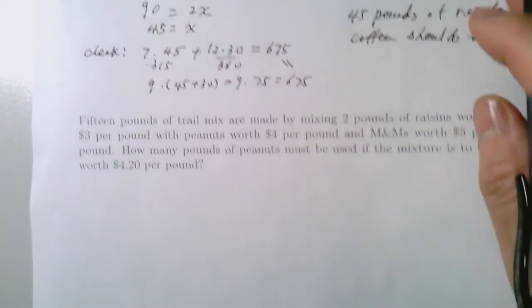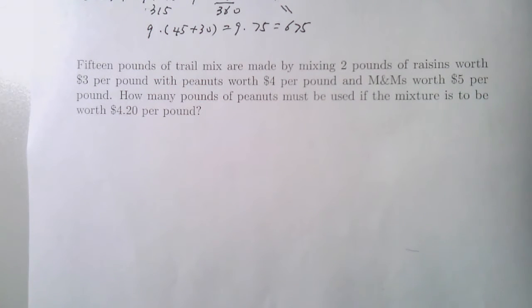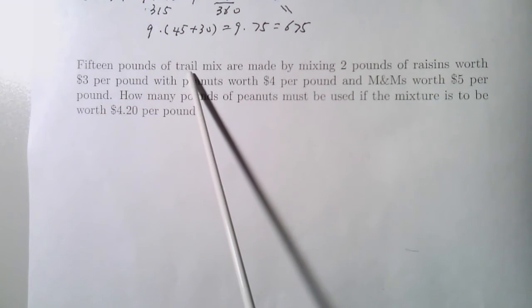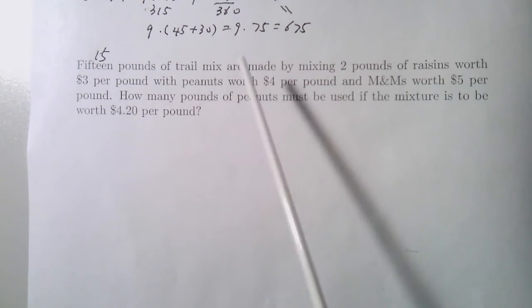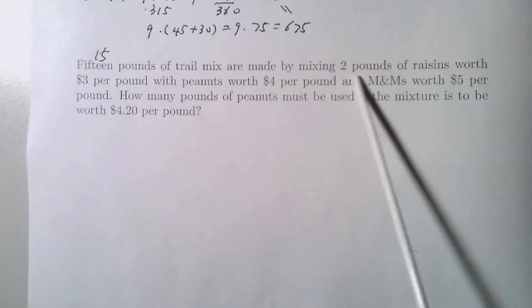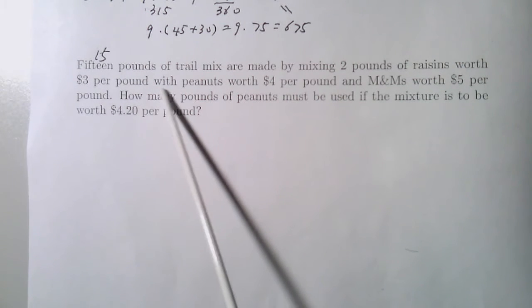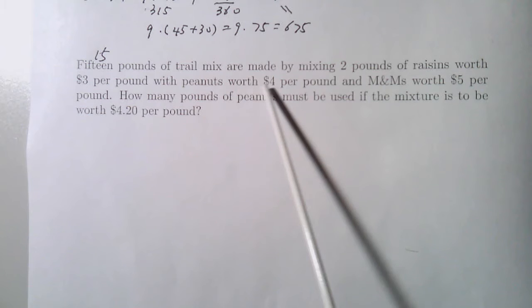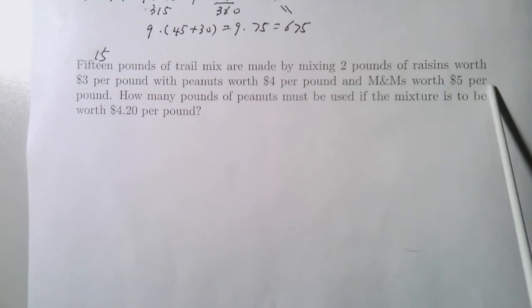So let's take a look at the next question. The next question is similar. The problem says 15 pounds of trail mix are made by mixing 2 pounds of raisins worth $3 per pound with peanuts worth $4 a pound and M&Ms worth $5 a pound.